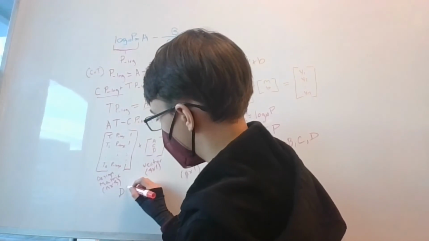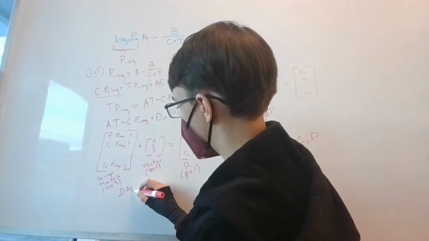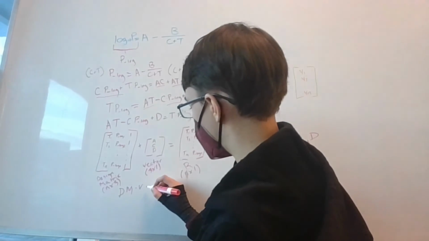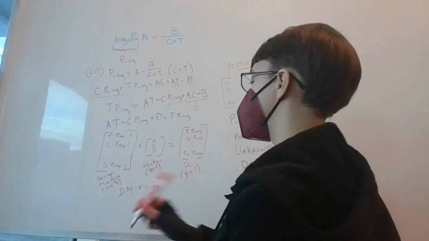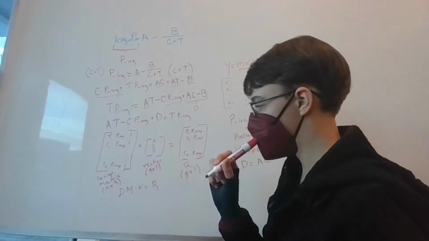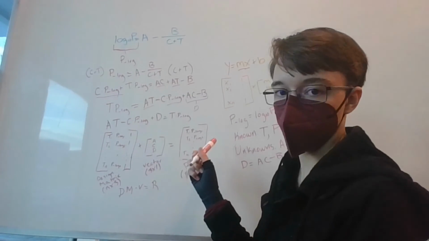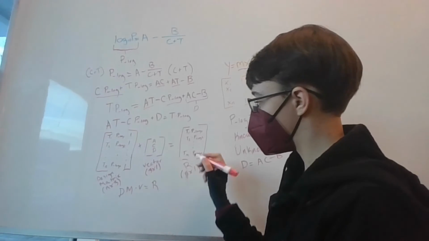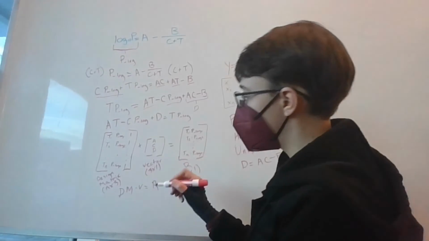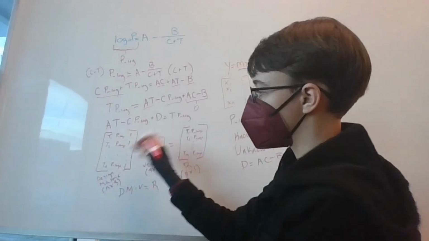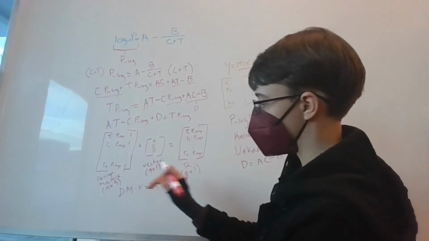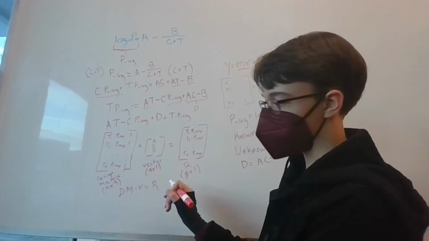Alright, and then we can write these off in variable form. So like a design matrix, we'll call that dm, times the vector, we'll call that b, is equal to r. And you can see based on the size of the vectors that if we multiply it how it is, it's not going to get us the right size of our vector. So we're going to want to take the transpose of this matrix, so you basically flip it sideways, and multiply that by both sides of the equation.